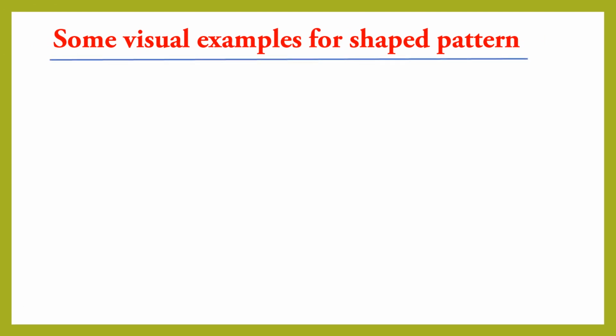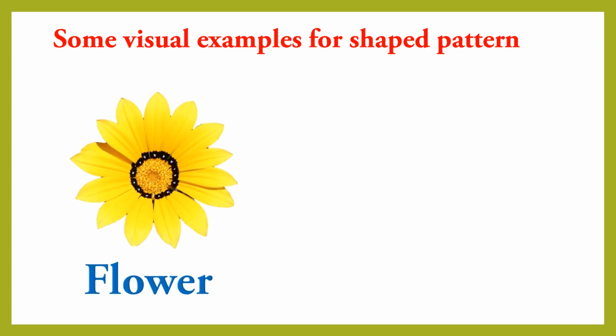Some visual examples for shaped patterns. Now we are going to see a few of the visual examples which are in our surroundings. For example, a flower. A flower is an example for an oval shaped pattern. See here, all the petals of this flower look like an oval shape.